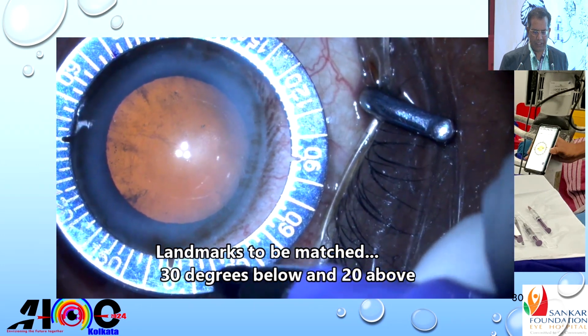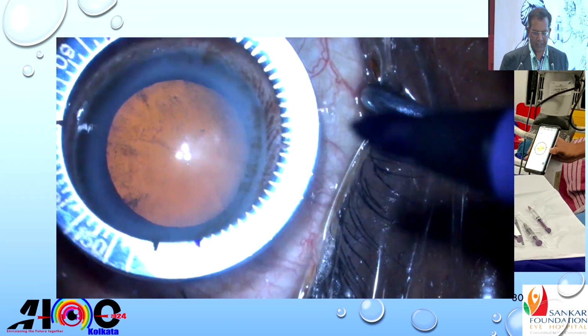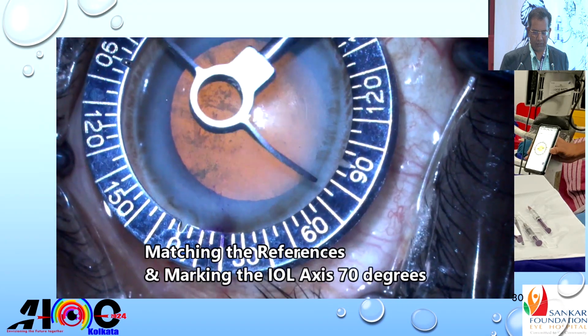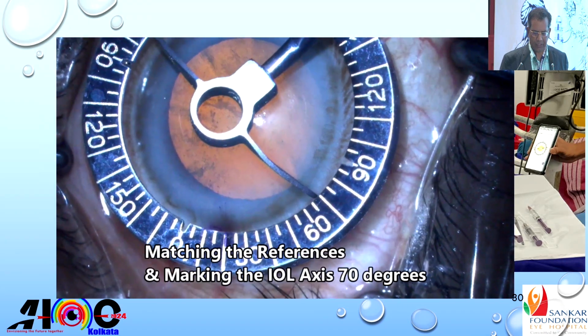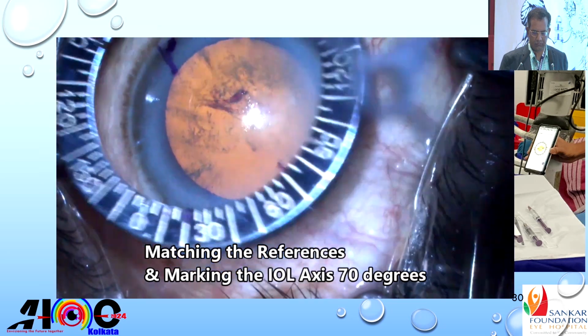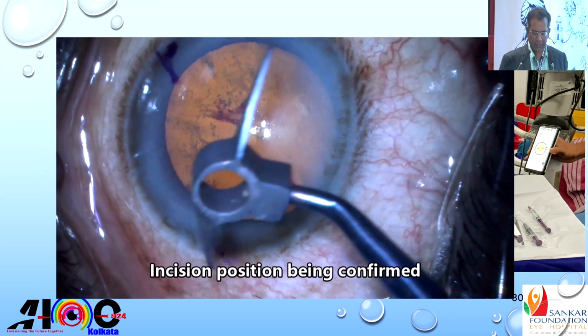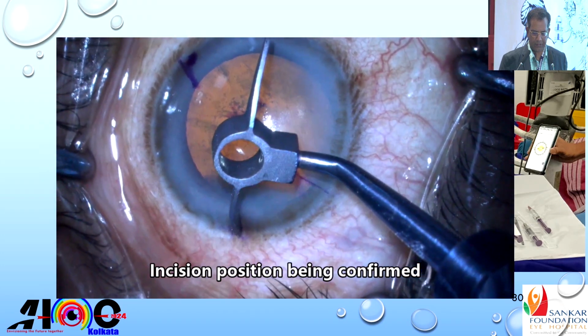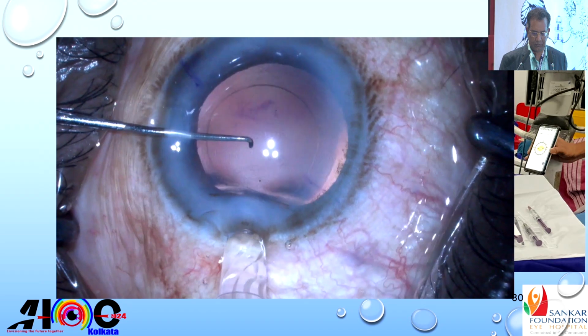We already know where the markings are. So we can go right ahead and mark the IOL axis. And also here the incision position is being confirmed.